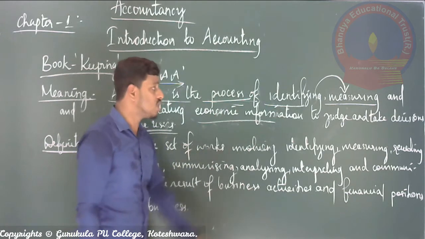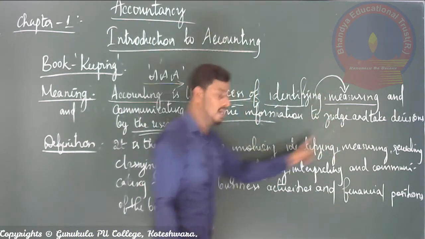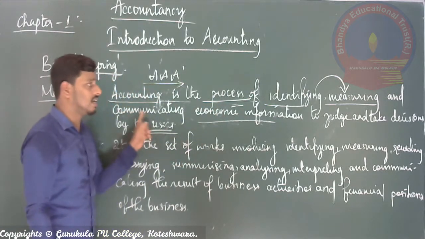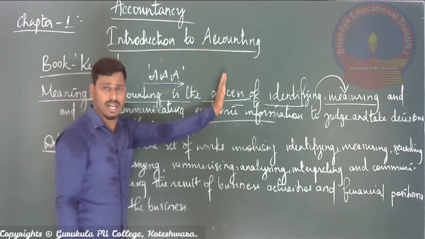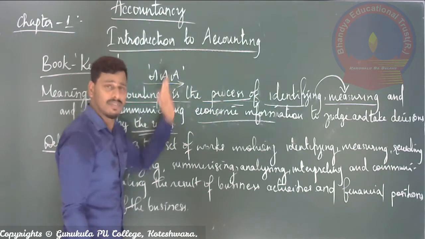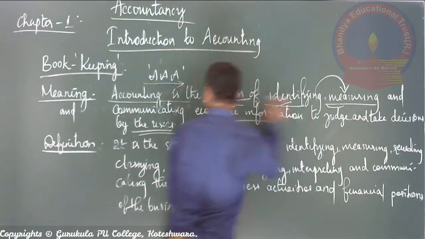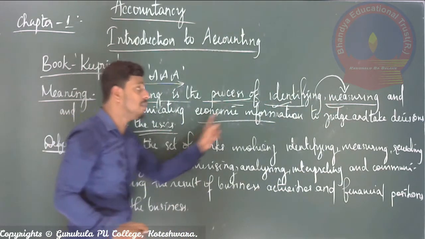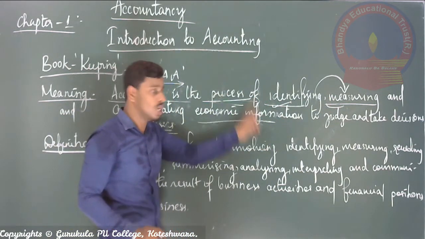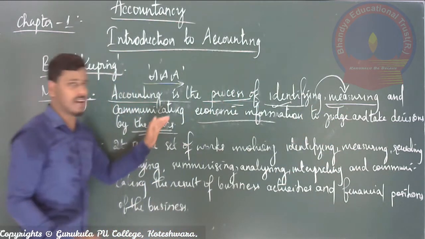For the purpose of taking decisions and making judgments, all those things are done, called the accounting process. So the accounting process is the process of identifying, measuring, communicating economic information of the business to judge and take decisions by the different users, right?